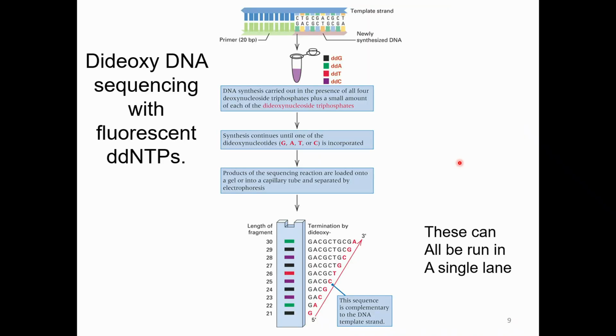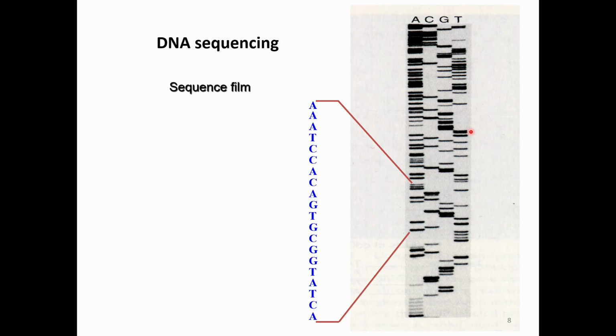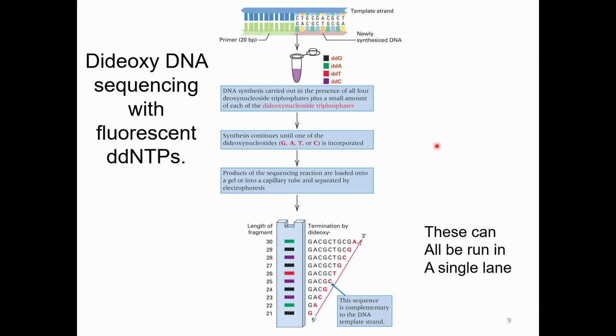And people wanted to then make this more efficient. So this is a whole history of making things more efficient. Instead of running 4 lanes where the DNA fragments are radio labeled like this, they figured, why don't I do the whole reaction with all 4 dideoxys in one tube, okay, and then run it on the gel.